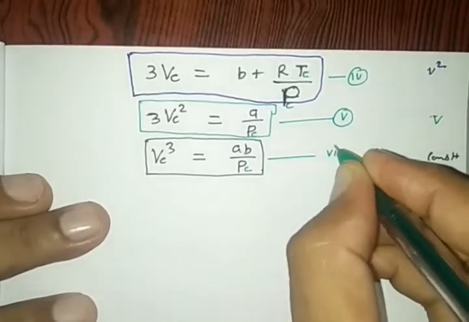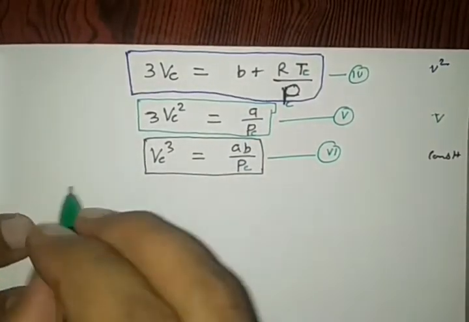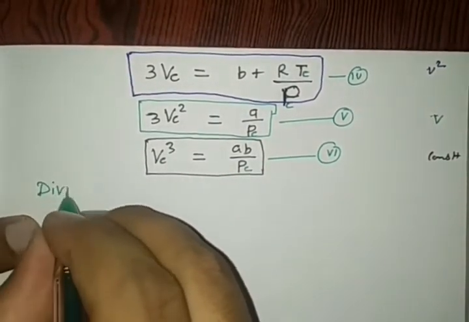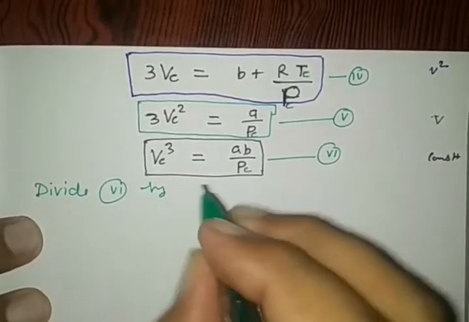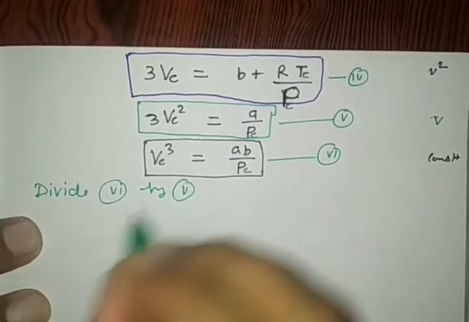5 and 6. Now what we are going to do? Divide 6 by 5.